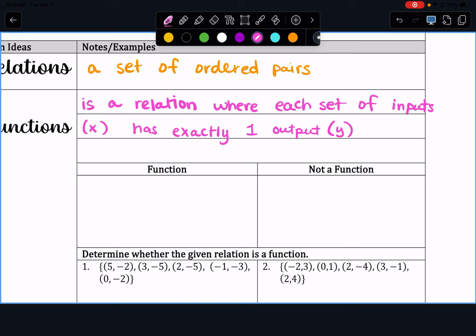Basically that means you have no repeated inputs. So in the case of our FIFA World Cup example, will there ever be any repeated years? Are they ever going to hold 2 World Cups in a single year? No, that's not going to happen. There's no repeated inputs. But can the same team win multiple years? Yes. So you can have no repeated inputs, but repeated outputs are okay.